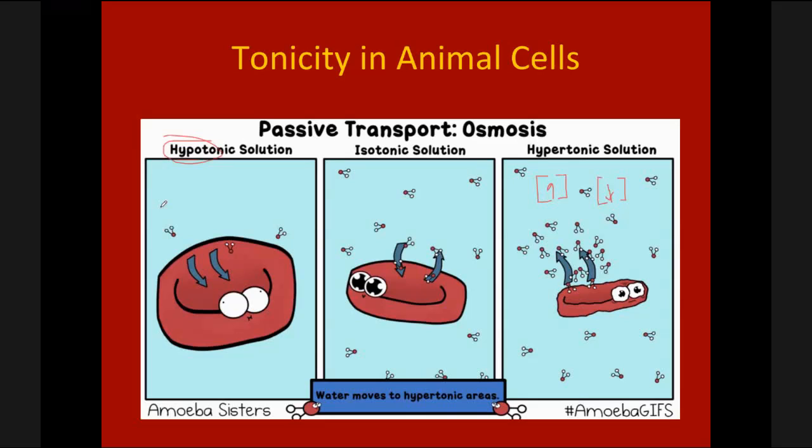Remember that your kidneys are also constantly filtering your bloodstream to restore it to isotonic conditions. But if you're drinking water at a faster rate than your kidneys can pull it out, you end up making a hypotonic solution. And indeed, that can be deadly. We sometimes call this water poisoning.